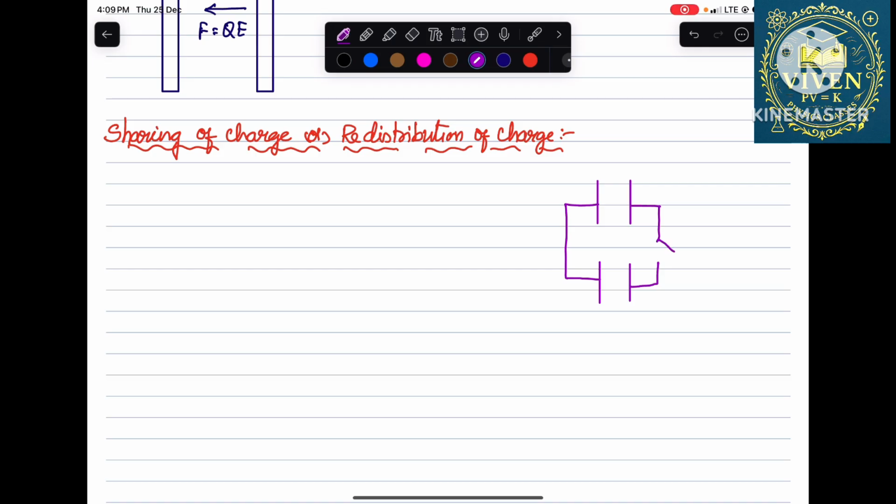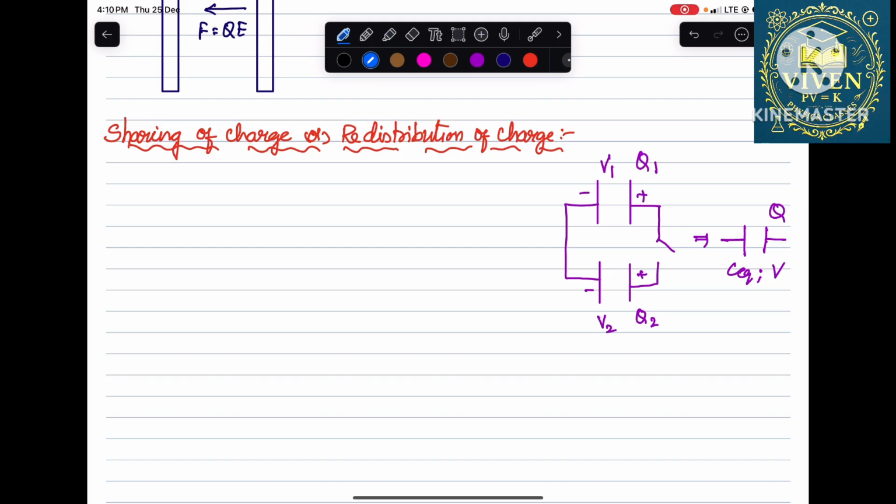One is holding a potential V1, the other a potential V2, with charge Q1 and charge Q2. Say this is the positive plate and this is negative, and this is the positive plate and this is negative. Clear? And what will be its equivalent? The equivalent charge Q, equivalent capacitance C, and equivalent potential V. There is a diagram for these two things.